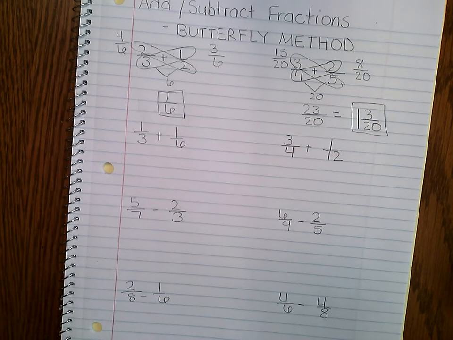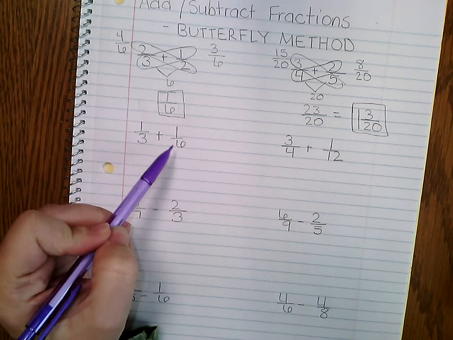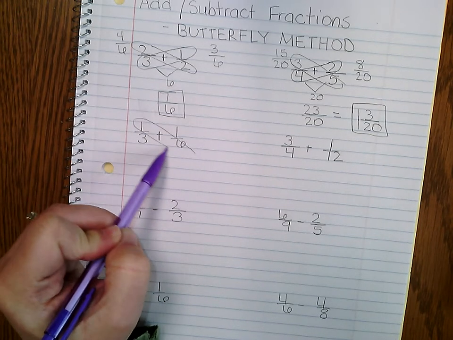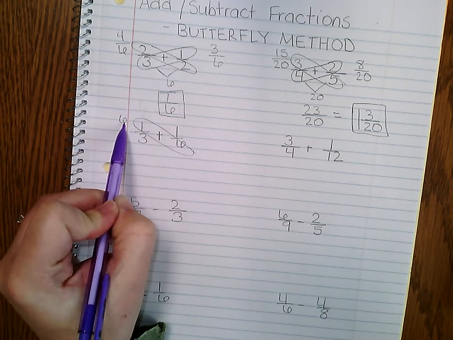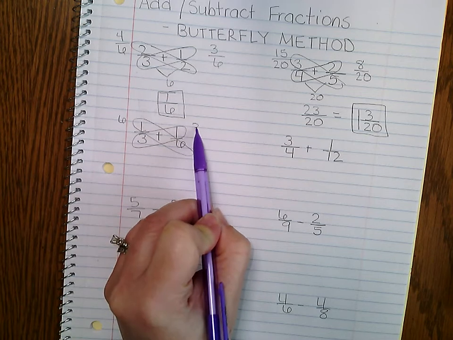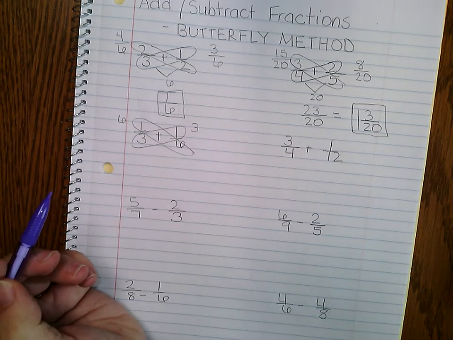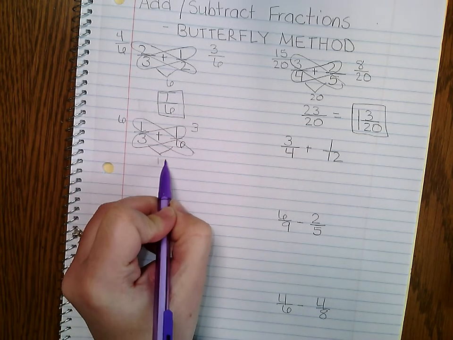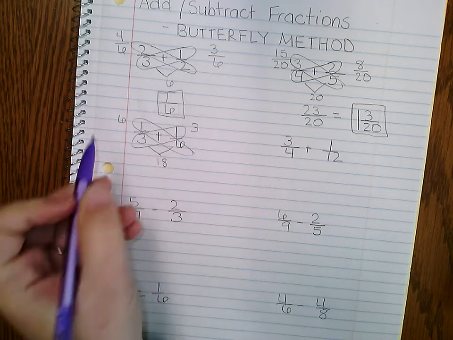Okay, let's do a couple more addition problems. I'm going to multiply 6 times 1, and that's 6. 3 times 1 is 3. Multiply my denominators. 3 times 6 is 18.